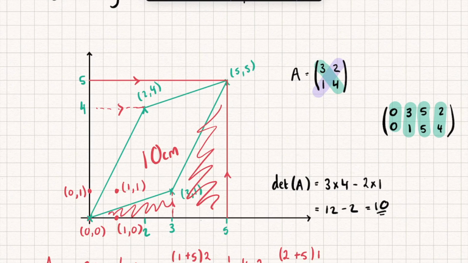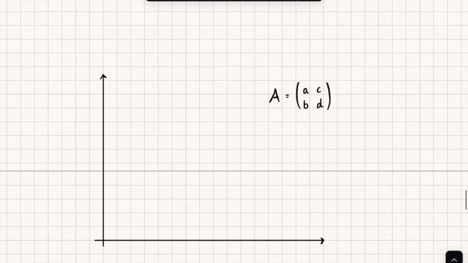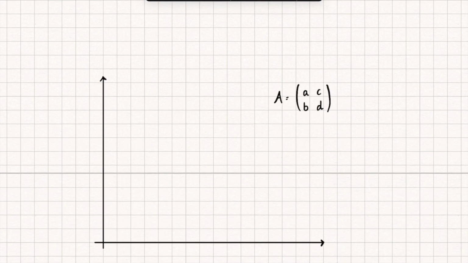Now, why do we do the leading diagonals, take away the other diagonal? Well, let's take a look at a more generic case. So here I've got some generic transformation matrix, (a c; b d), and what we're going to do is do the same thing again. I'm going to multiply each vertex of the unit square by this matrix. So I'm going to multiply it by, let's write it out, the origin first, so (0, 0), (1, 0), (1, 1), and the point (0, 1).